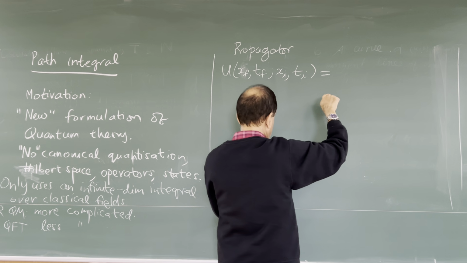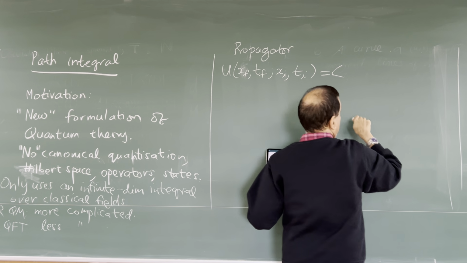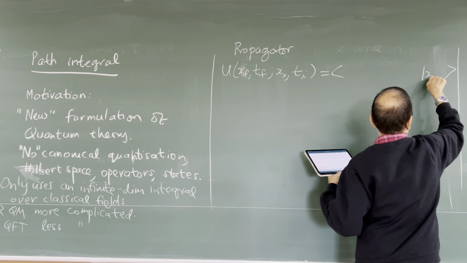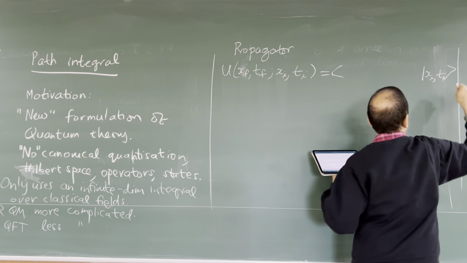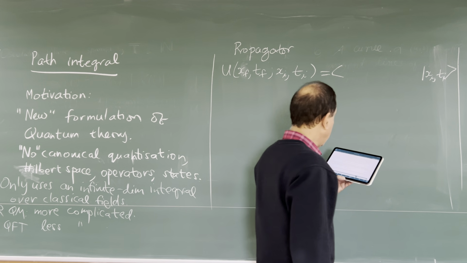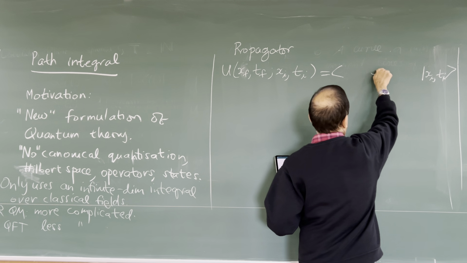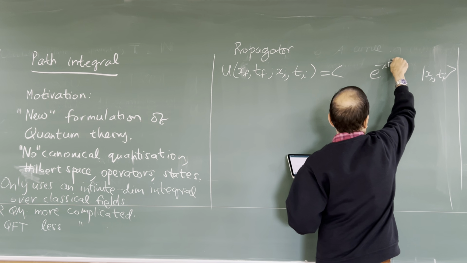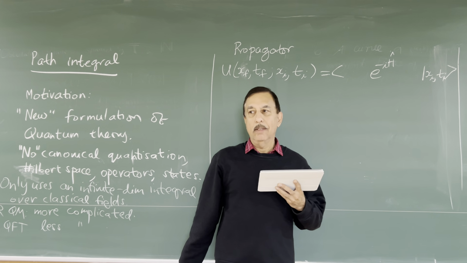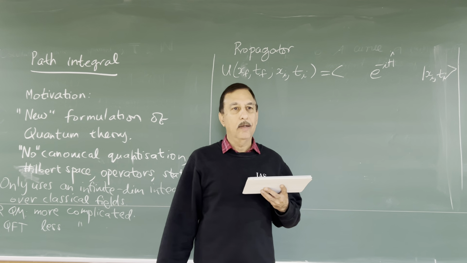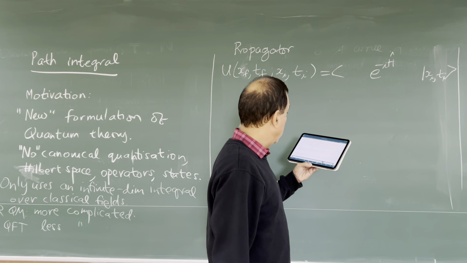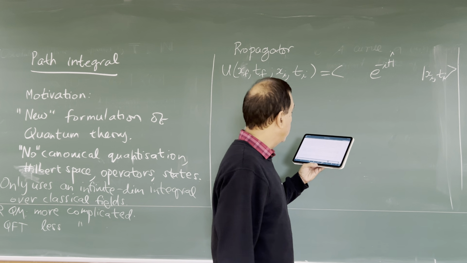And by definition, it is, so often these formulae start from the right hand side. We start with the state xi, position eigenstate xi at time ti. Then we evolve it using the Hamiltonian. And now I'll put a hat on things which are operators, because soon we are going to lose these, but while we are using operators, let's put a hat to make sure that we know it's an operator, and this is the Hamiltonian, of course.